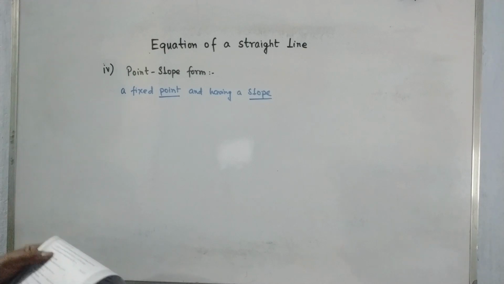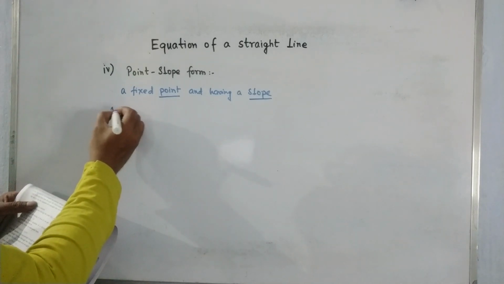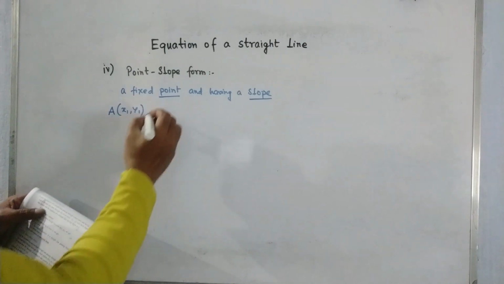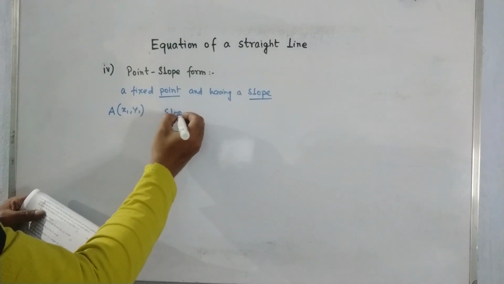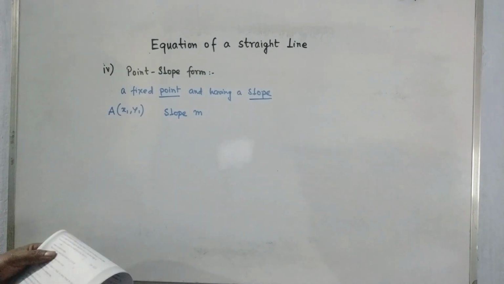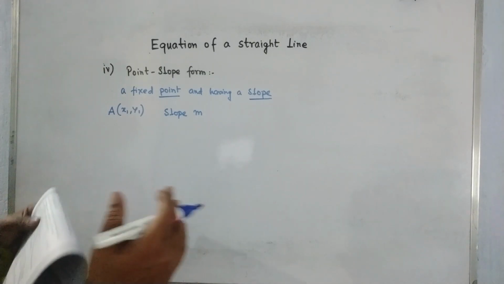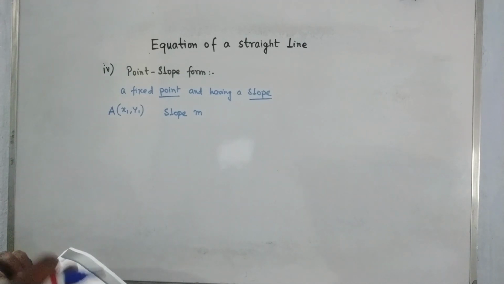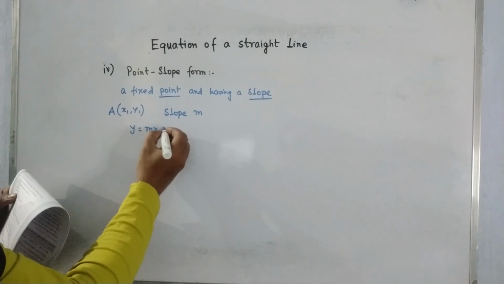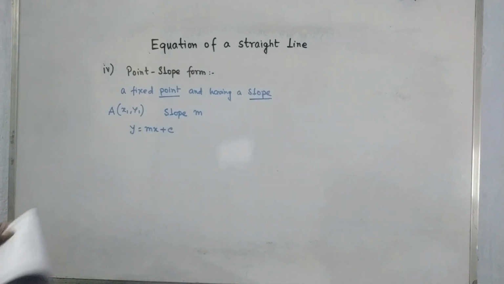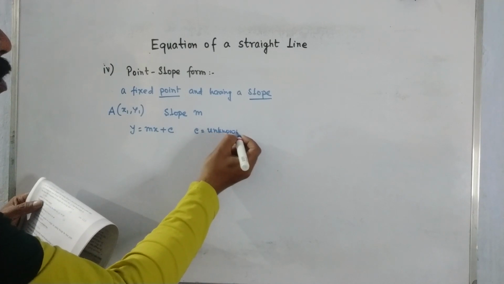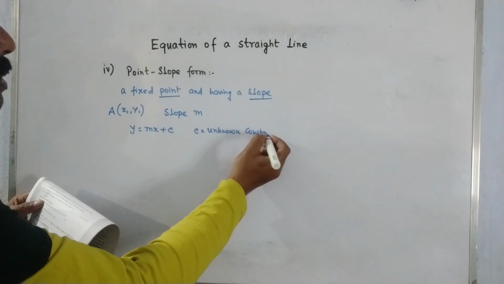So let us consider a point A whose coordinates are x1, y1 and its slope is m. Then we know that the equation of a straight line in slope-intercept form is y equals mx plus c, where c is an unknown constant.